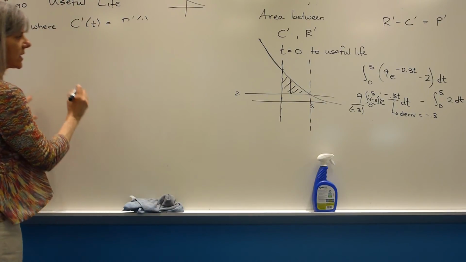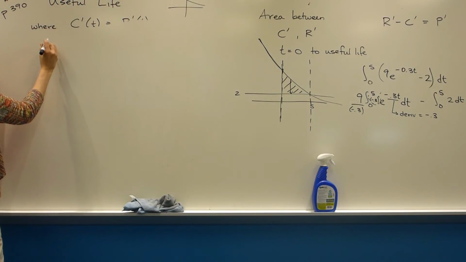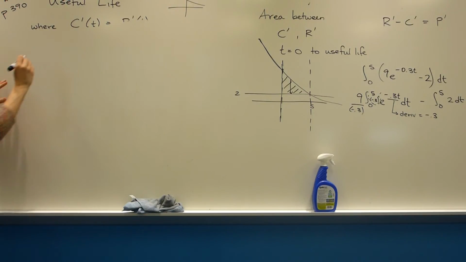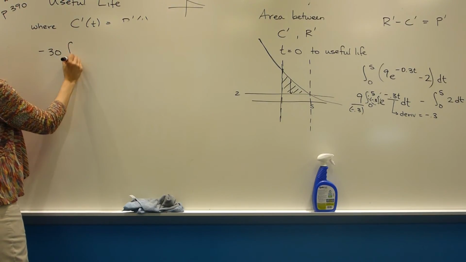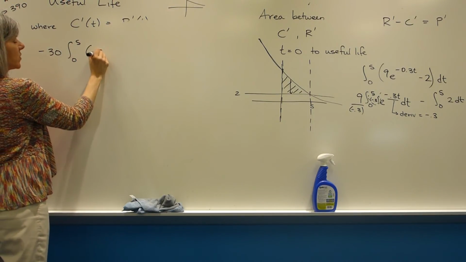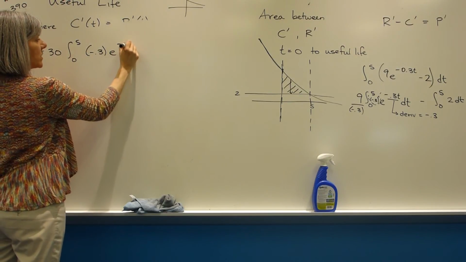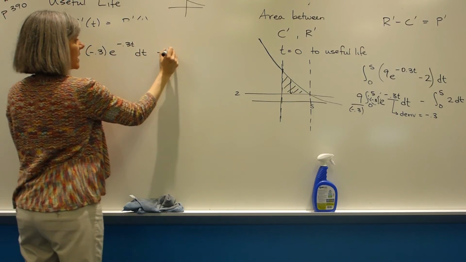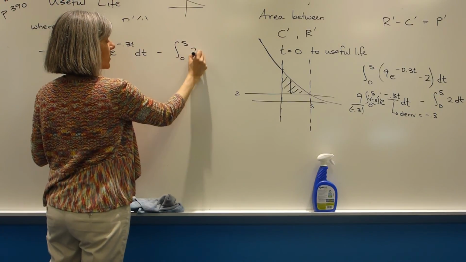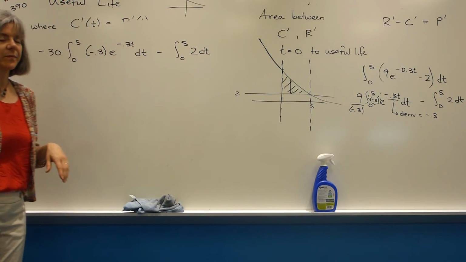Okay, so what do I end up with then? So, what's 9 divided by negative 0.3? Somebody do that? Negative 30? Okay, so negative 30, 0 to 5, negative 0.3, e to the negative 0.3t, minus, I'm just writing it out a little bit bigger, for the camera.